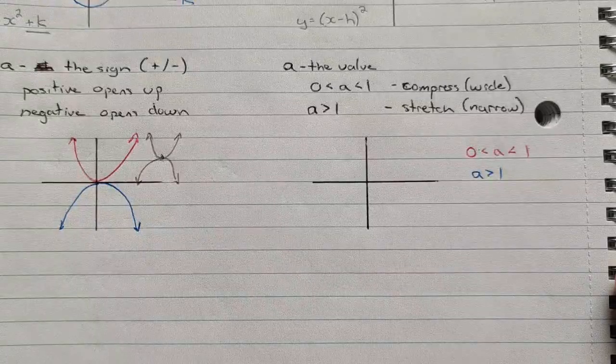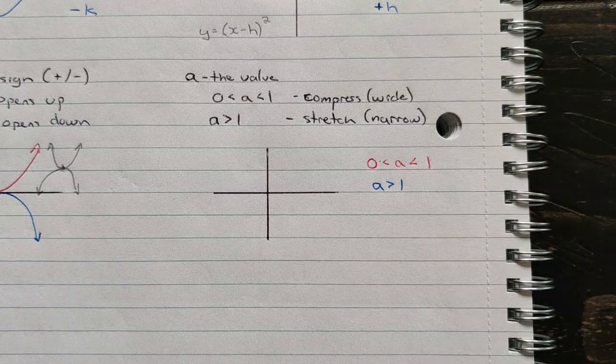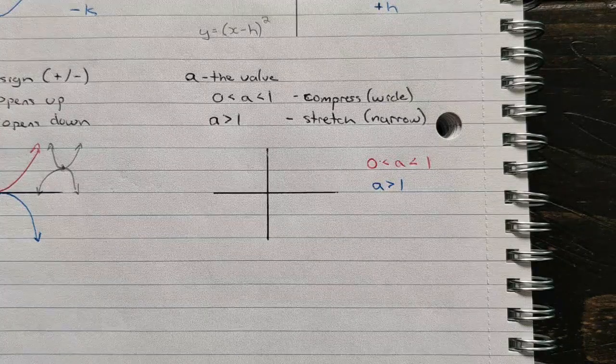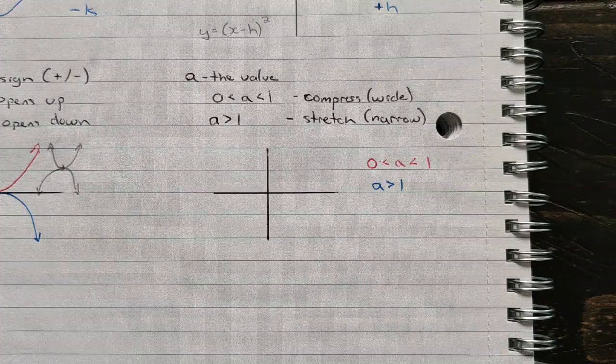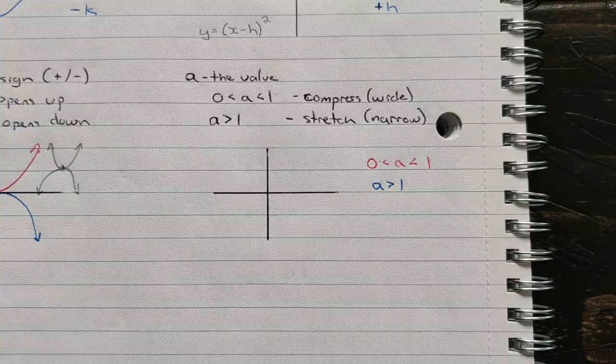And then the last key thing is the absolute value of A. We're ignoring the positive or negative sign and just looking at the actual number itself. How far is this number from 0? If that value is between 0 and 1, it is going to compress the graph, widen it.